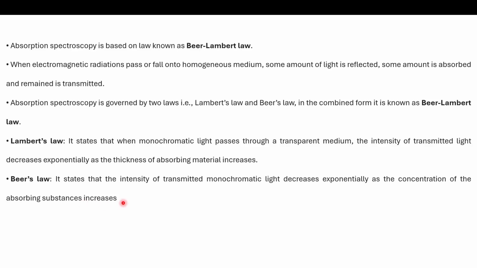So suppose you have a lot of plasmids in your purified sample. There will be a lot of molecules in the solution, because the concentration is higher, to absorb the light that is passing through the sample.